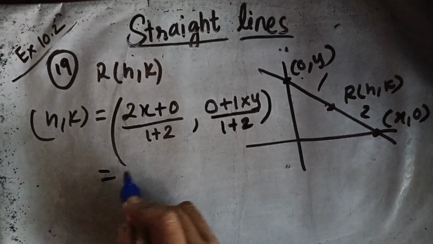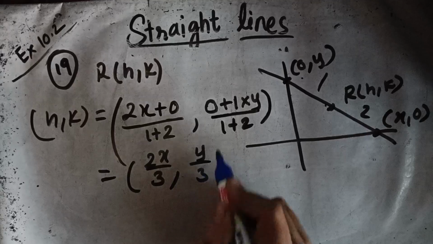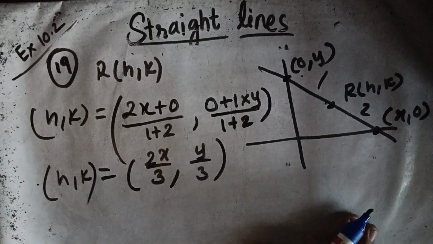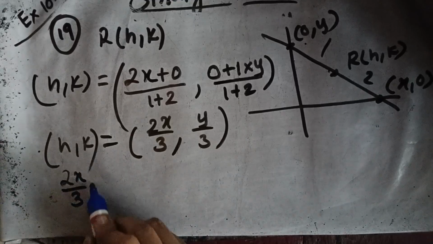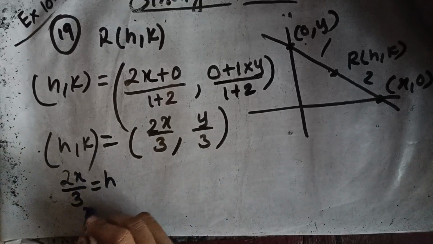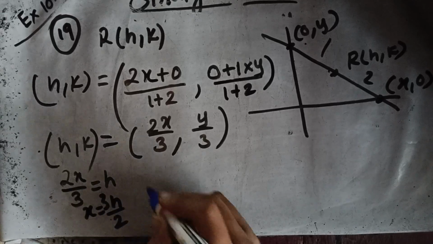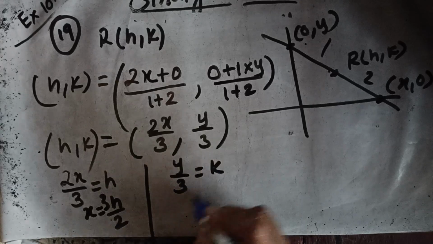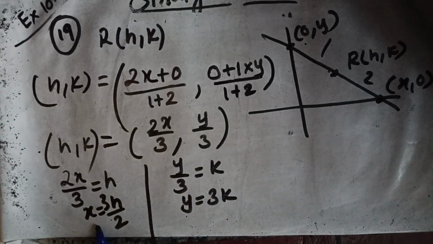So this is 2x upon 3, y upon 3. Okay. So we have the values of x and y.